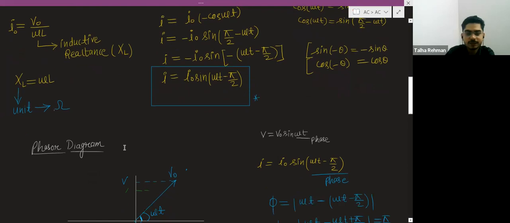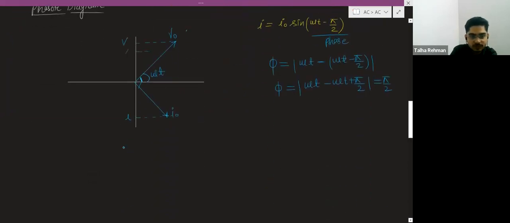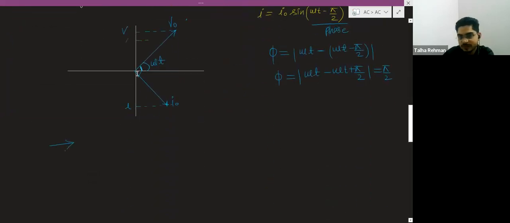So what can we conclude from this diagram? Is this current leading or lagging? Lagging.